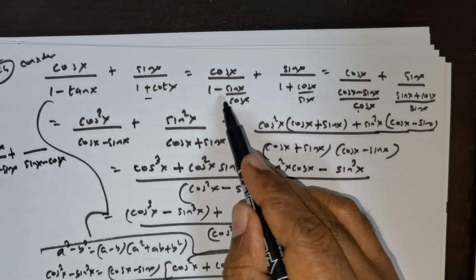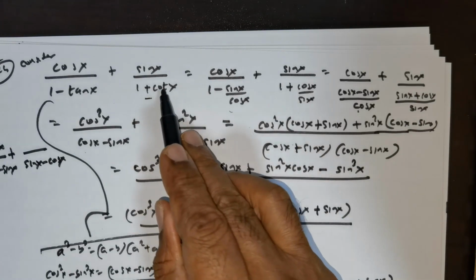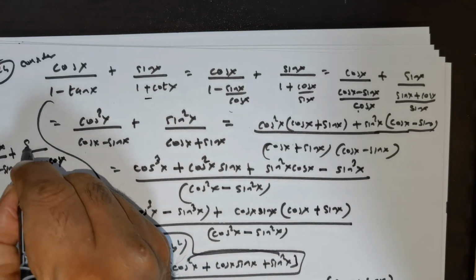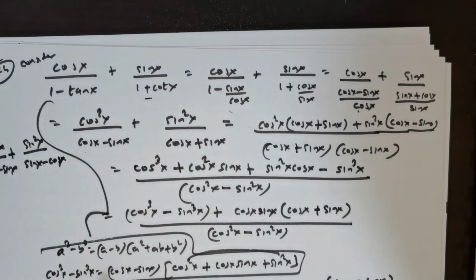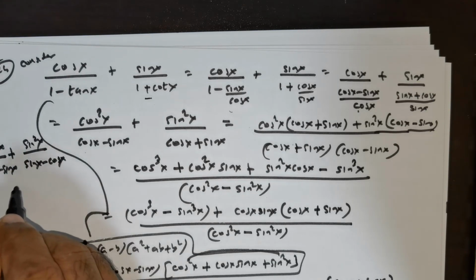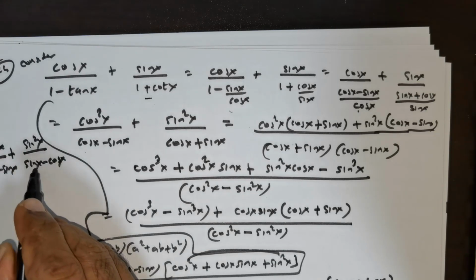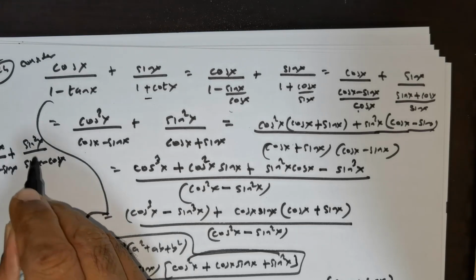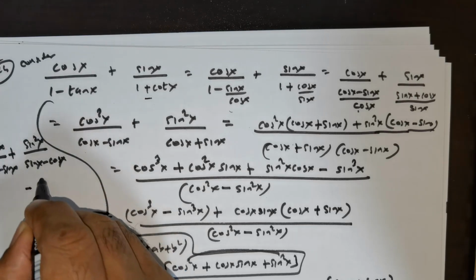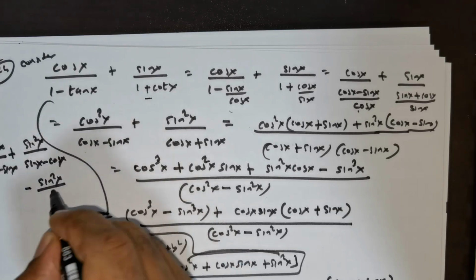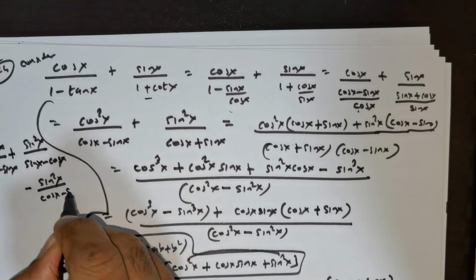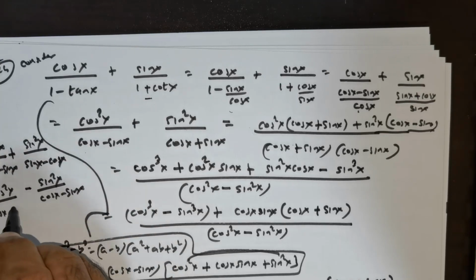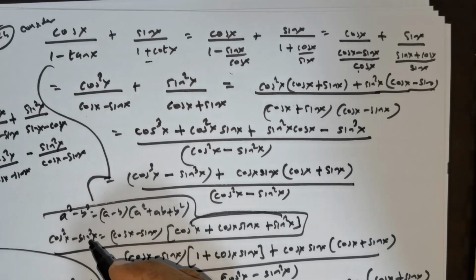Because this cot x is cos x over sin x, so sin x minus cos x, so in the numerator is going to be sin squared x, right? So if I were to rewrite this, this can be rewritten as negative sin squared x over cos x minus sin x, and this is going to be cos squared x over cos x minus sin x.